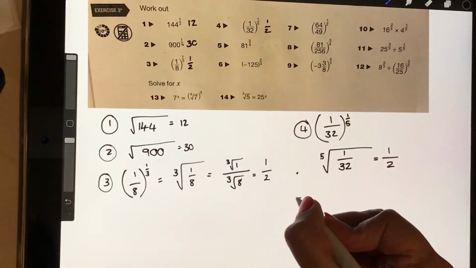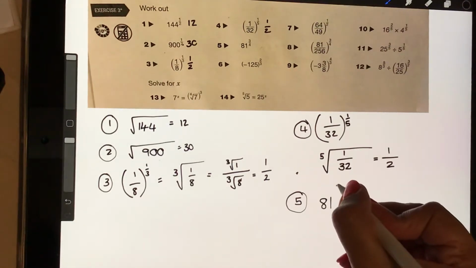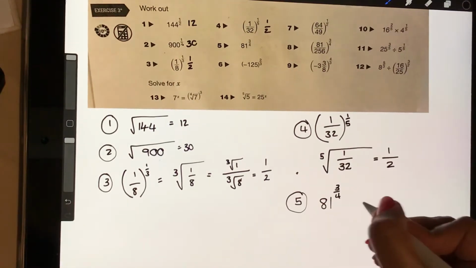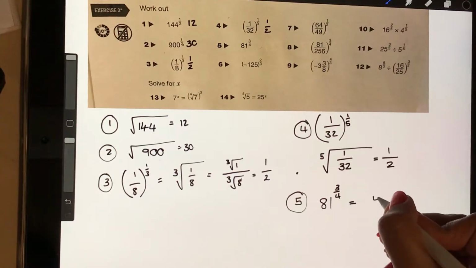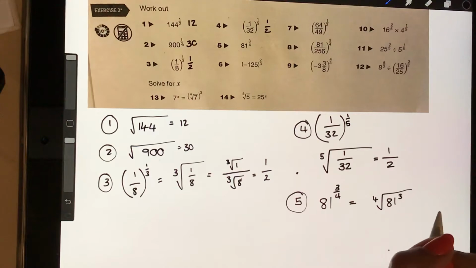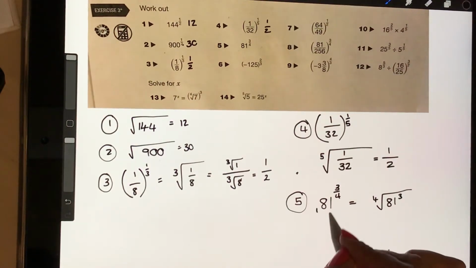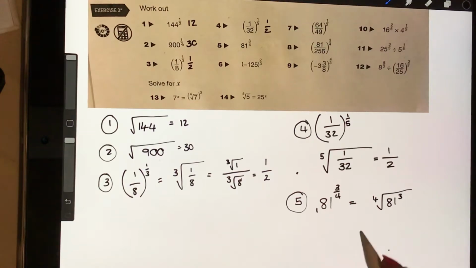Right, for number 5, we've got 81 raised to the power of 3/4, which translates into the fourth root of 81 to the power of 3. Now you can either decide to work this one out and manipulate this, or you can simply work this out in your calculator.